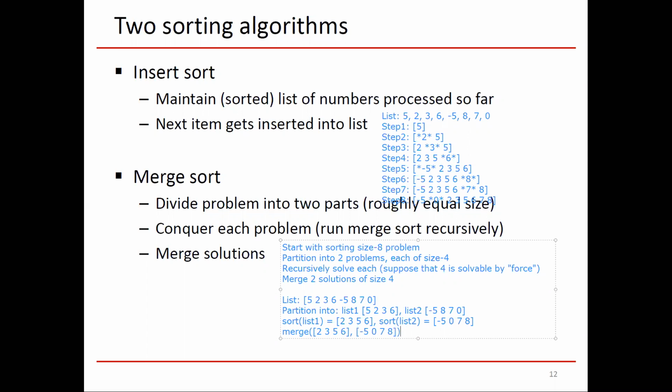So now think about it. Imagine that I have cards. I have 2 decks of cards. One deck of cards, the numbers 2, 3, 5, 6 appear one beneath another. The other deck of cards, -5, 0, 7, 8. I look at these 2 decks of cards. All I'm seeing is the top card. Tops are 2 and -5, the tops of the decks.